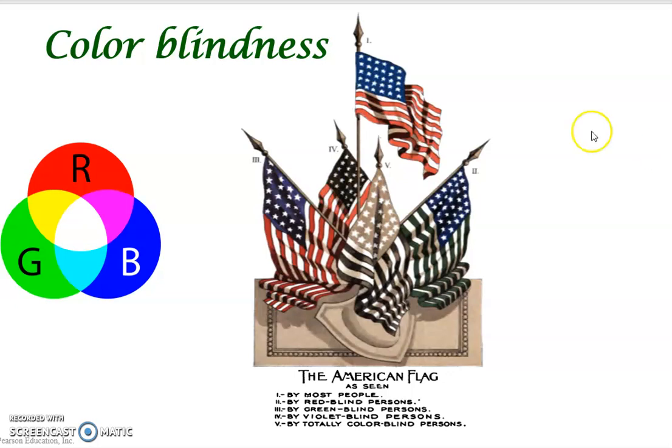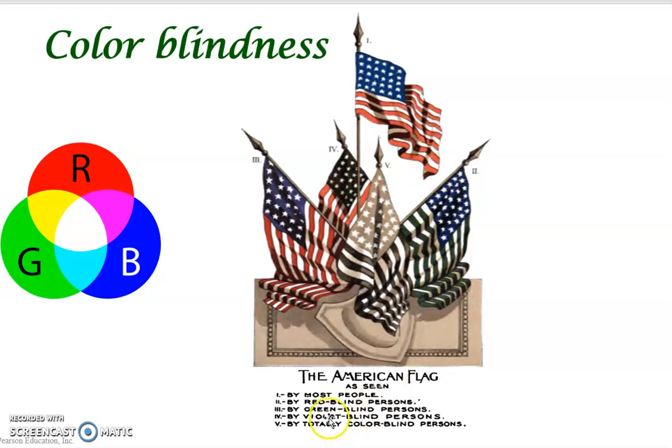The central one is for normal persons, which means they can transmit the colors red, blue, and green successfully in their eyes. But if you are a red blind person, you are going to see the flag on the right-hand side. You can see that the regions with the red stripes now look green to them.